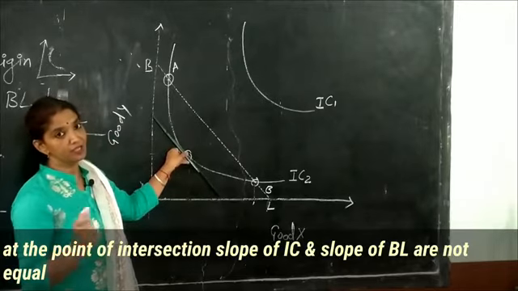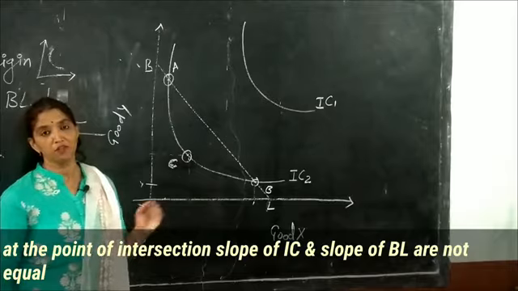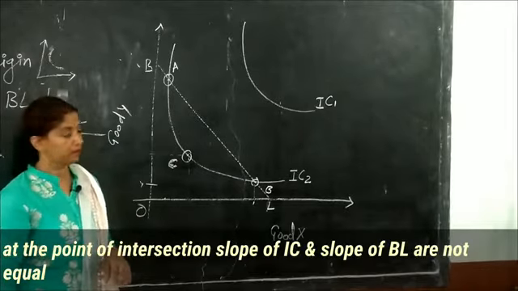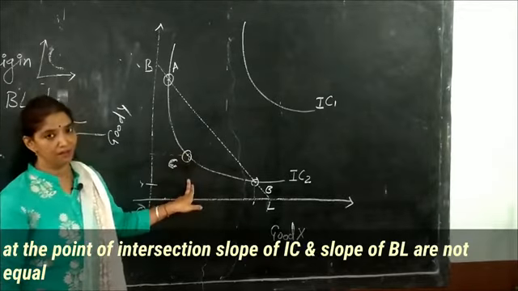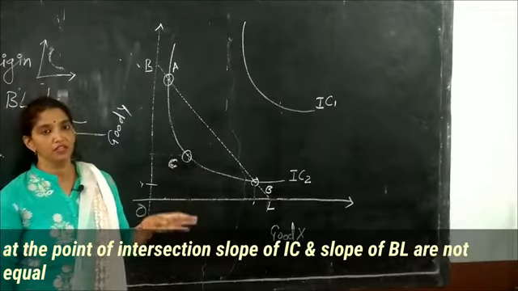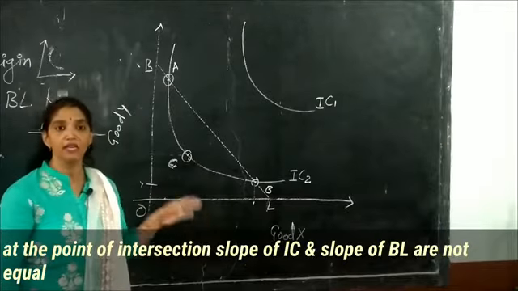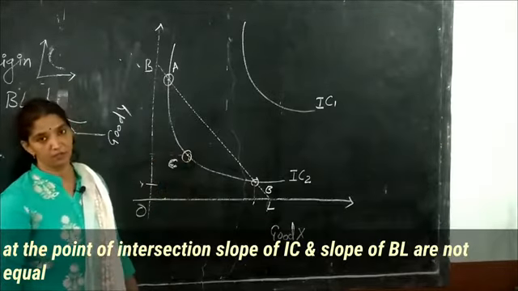It means the consumer is not spending his entire income on the consumption of X and Y. So the consumer will not remain in equilibrium, because this is the essential condition: we assumed that the consumer has to spend his whole income on consumption.